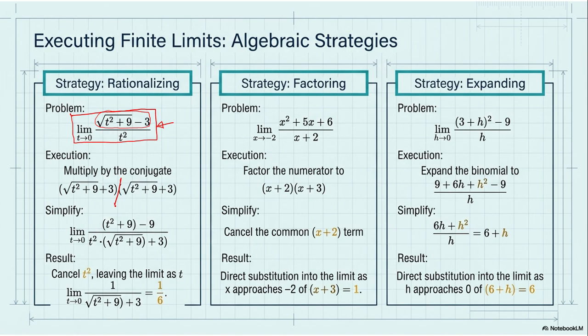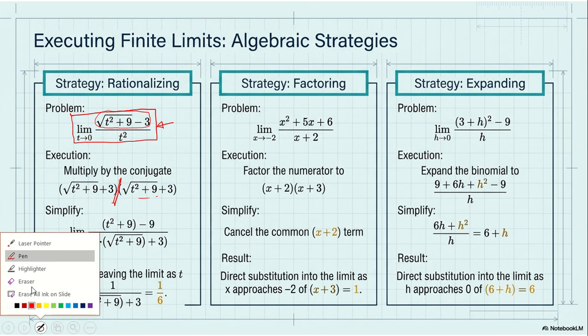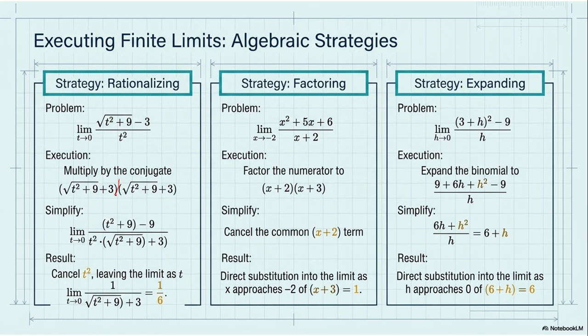So we have to multiply this by this, by root over t squared plus 9 plus 3 in both.